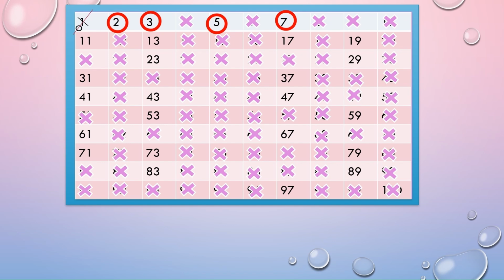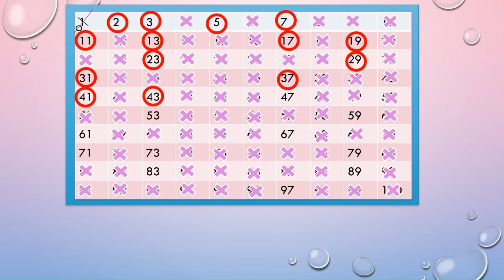2, 3, 5, 7 in the first row. Second row, 11, 13, 17, 19. Next row. 23, 29. Next row. 31, 37. Next. 41, 43, 47.